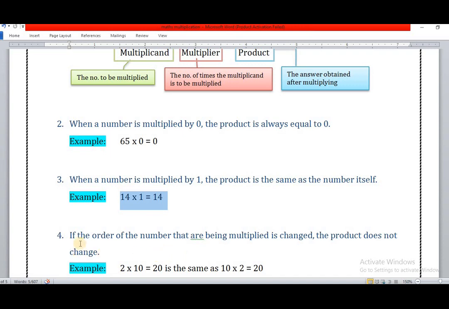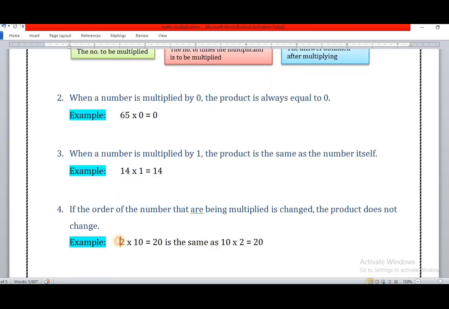Now comes number 4. If the order of the numbers being multiplied is changed, the product does not change. Children, suppose this is the order 2 into 10, and if I change this order, it becomes 10 into 2. The product will remain unchanged. This 20 will remain unchanged.